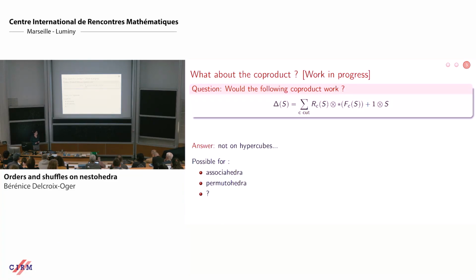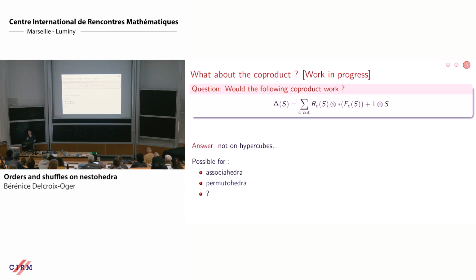Finally, I've talked to you about Hopf algebras. So what about coproducts? In fact, coproducts is not so easy dealing with. For instance, here for those you know, it's a formula inspired by Grossman-Larsen Hopf algebras.